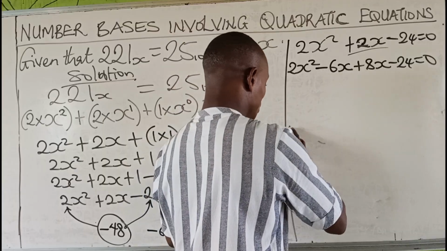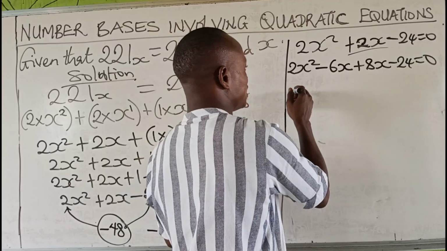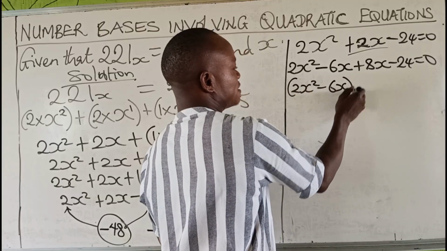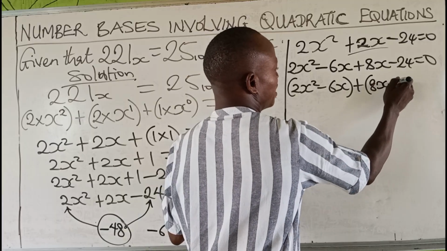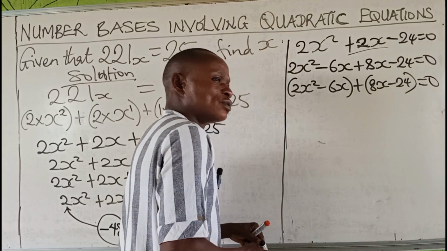The next thing is for us to group the terms. We group the first two terms together. That will be 2x squared minus 6x grouped together, plus 8x minus 24 grouped together, equal to 0.